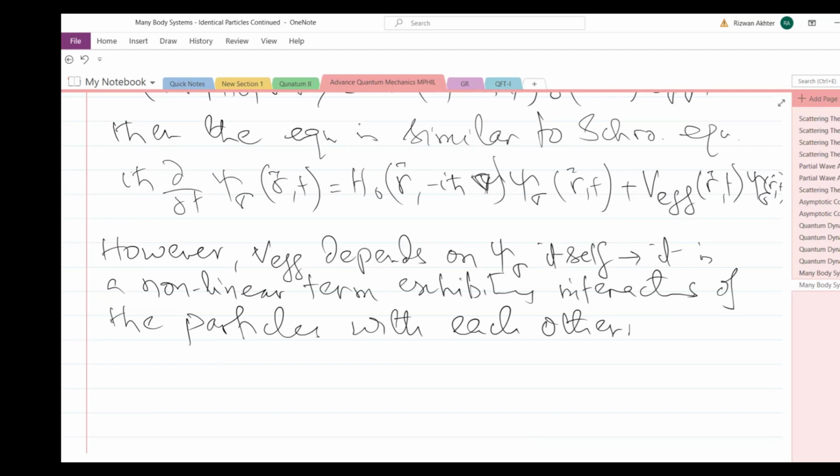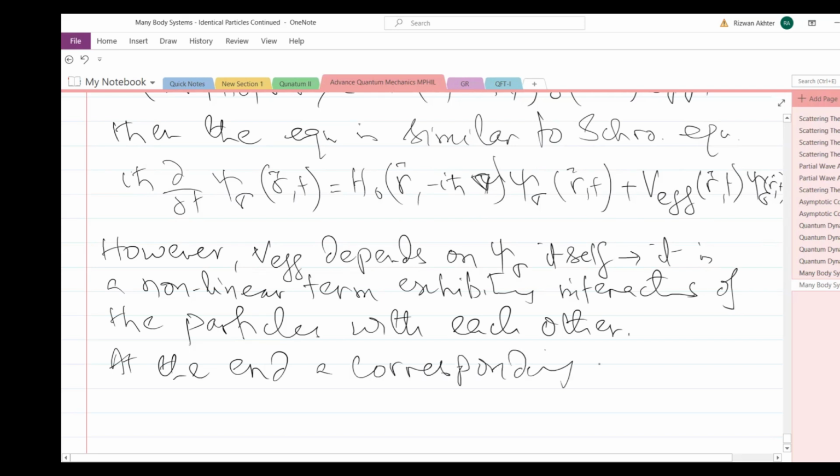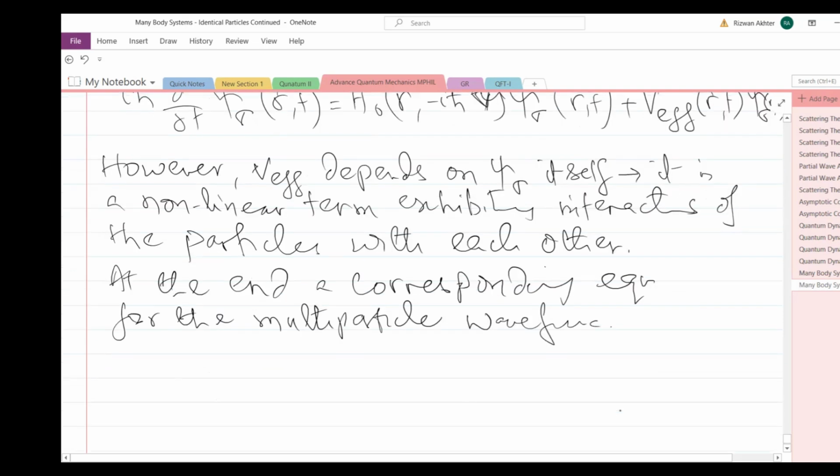So at the end, the corresponding equation for the multi-particle wave function. तो क्या हो जाएगा? i h bar d by dt.